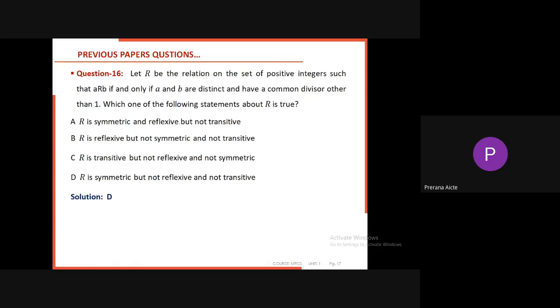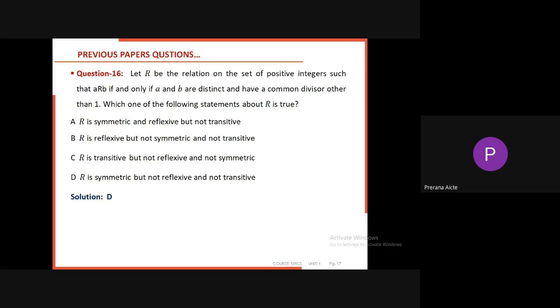Similarly, we can check the properties. Here, given a relation, we can check which property is followed. We can assume values for the relation, and based on that we can check whether the properties are followed or not. Let us see here.